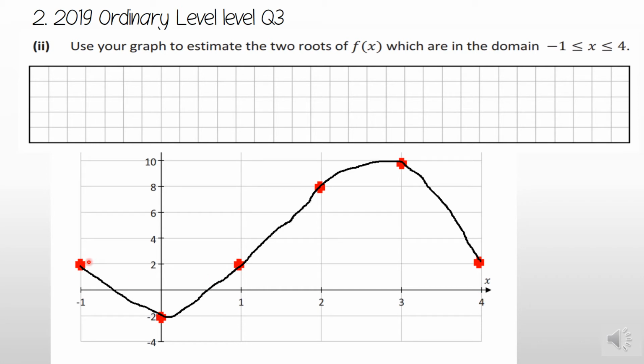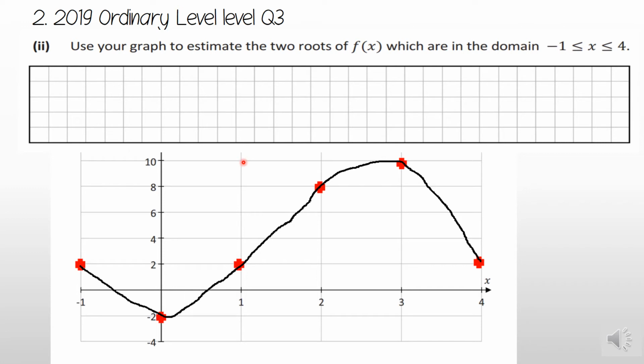So obviously this curve might have started all the way here and ended all the way maybe down here, or it may have risen again or something. They're just saying don't mind what happens after or before this range, so it's called the domain. Anyway, they're saying use the graph to estimate the true roots of f of x in that range.